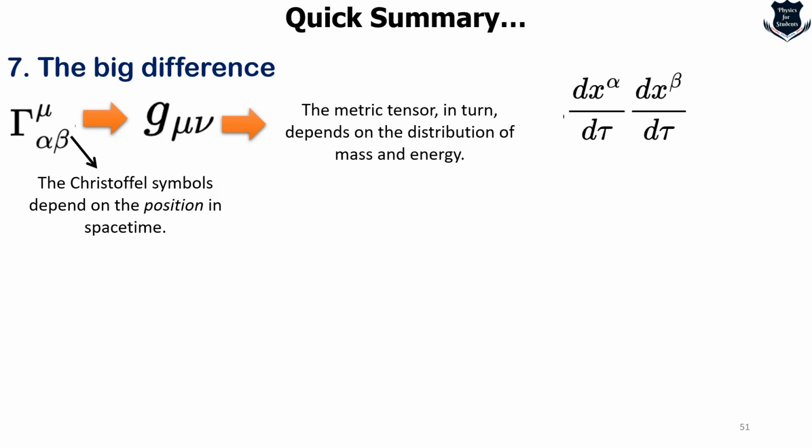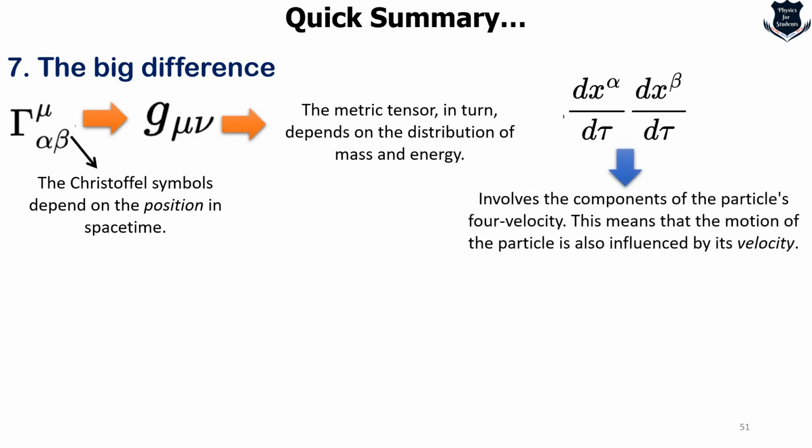So what we learned specifically is that for the four-velocity, the position dependence is very important. It involves the components of the particle's four-velocity. It means that the motion of the particle is also influenced by its velocity, and the Christoffel symbol encodes the curvature of space-time.